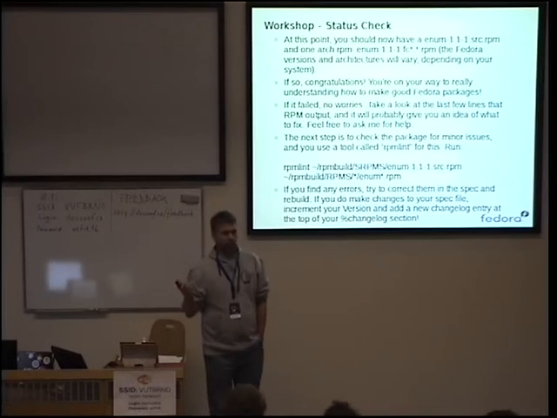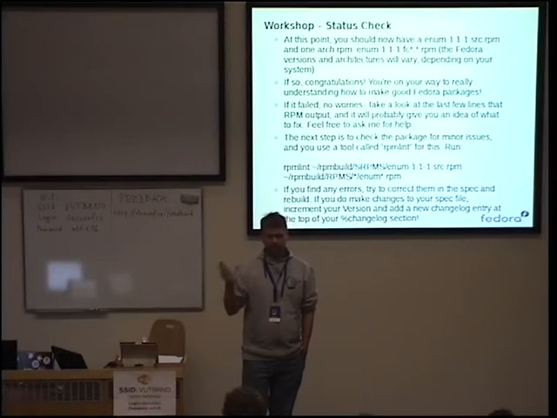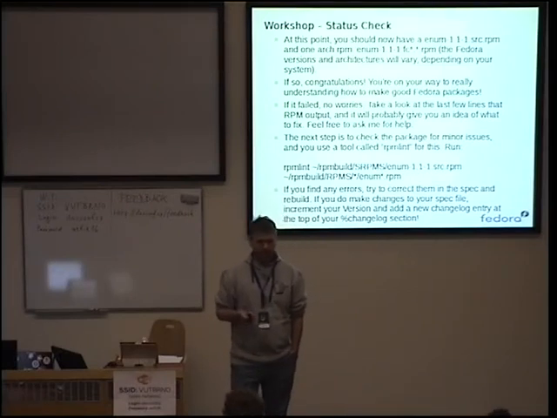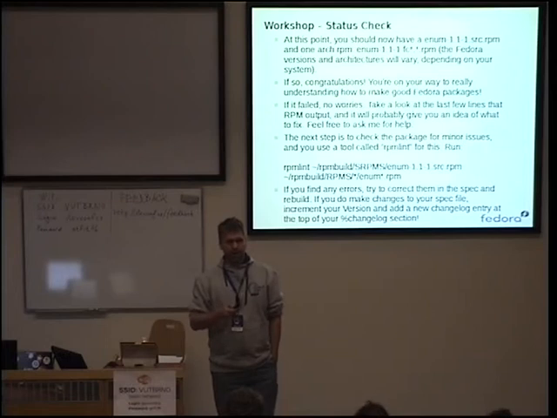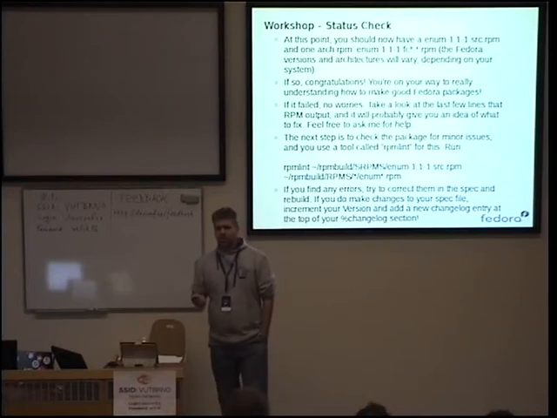The next step for you is probably to use rpmlint, because there are two rpmlints, like rpmlint and some other lints. If you run rpmlint on your binary package, the spec file or the source file, it will tell you which problems are in your spec.